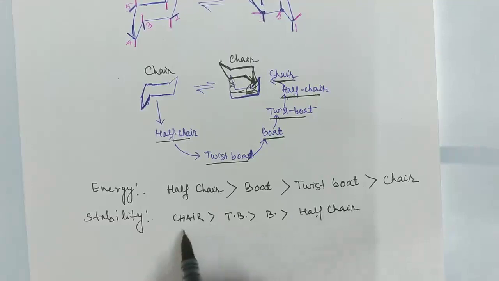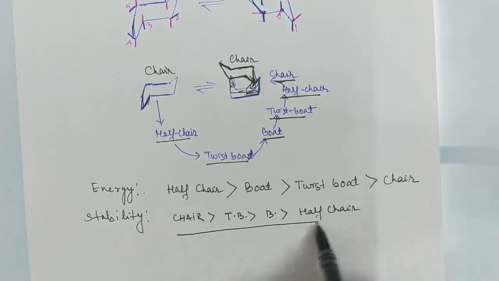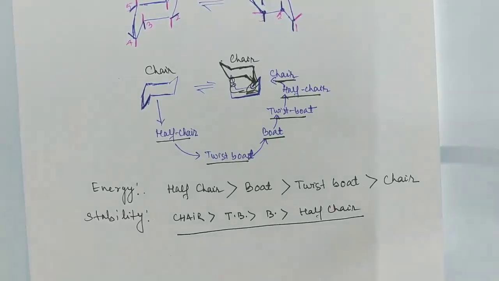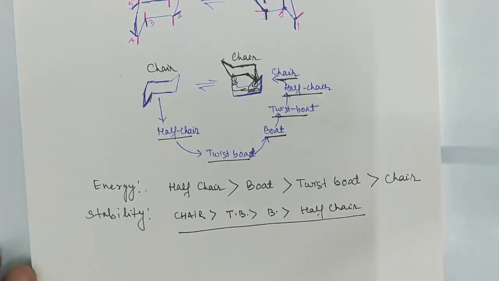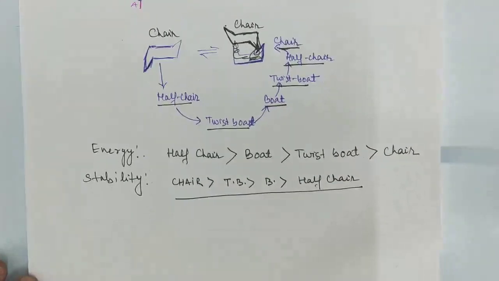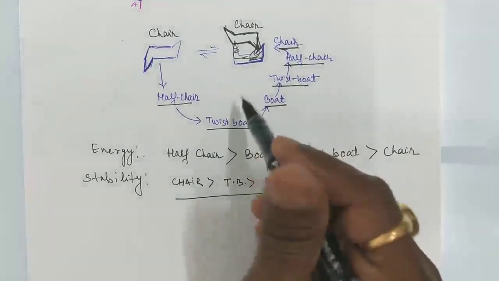So remember, the most unstable conformer of cyclohexane is half chair, not boat.